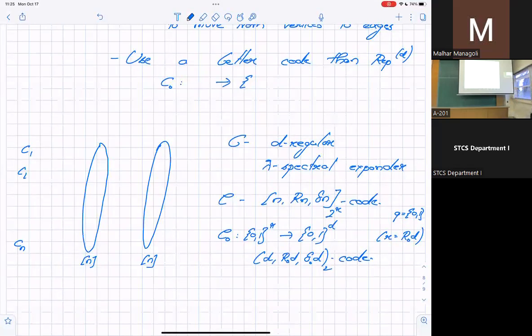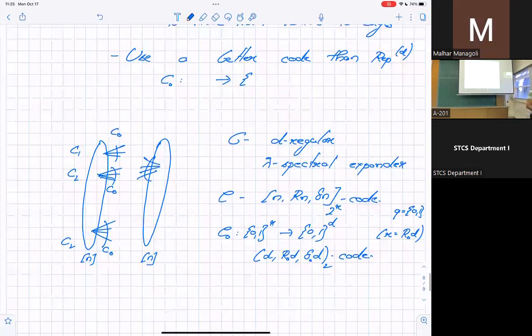Now you apply C naught to it. So the way to do this is to think of C1, C2, up to Cn residing here. To go to the edges, you apply the code C0 on each one of them. And now this is pushed across and you correct them.